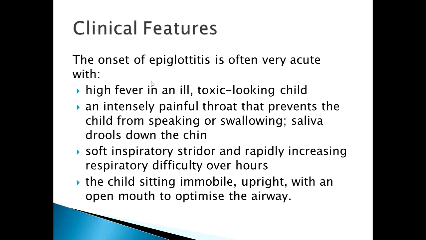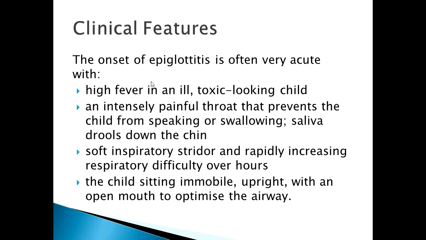This is also in contrast to croup, where the child would be happy in most of the cases, but in severe croup definitely toxic looking. There is an intensely painful throat that prevents the child from speaking or swallowing, and saliva would be drooling out from the chin or from the sides of the mouth due to the obstruction.